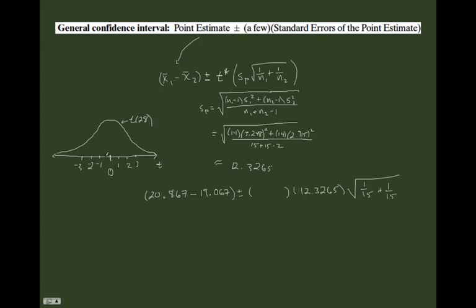Here's the idea. Say I want to create a 95% confidence interval here. The question is, what t star value, with negative t star on the other side, bounds 95% area under the T28 distribution? That's the question.